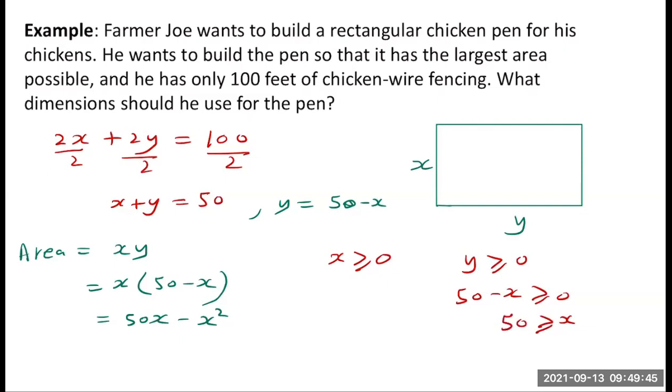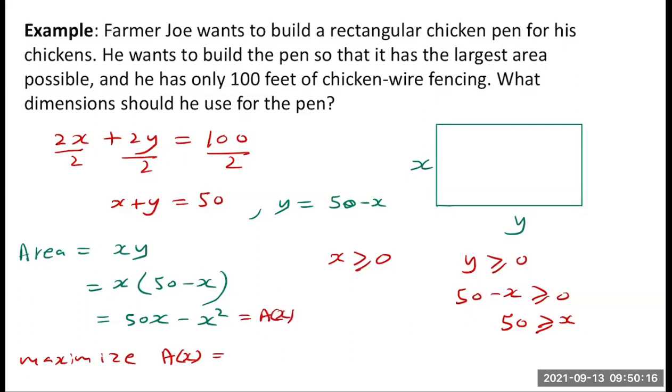So now I have the range on which I maximize my area function. My x has to be greater than or equal to 0 and it has to be less than or equal to 50. So at the end of the day, here is my goal. Maximize A(x). I'll call my area A(x).